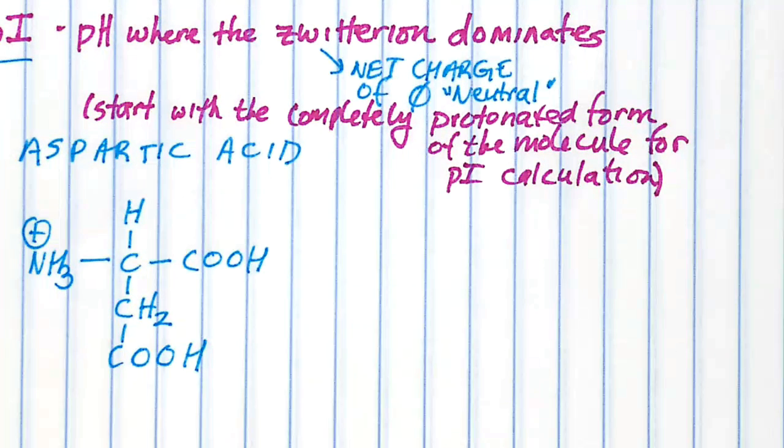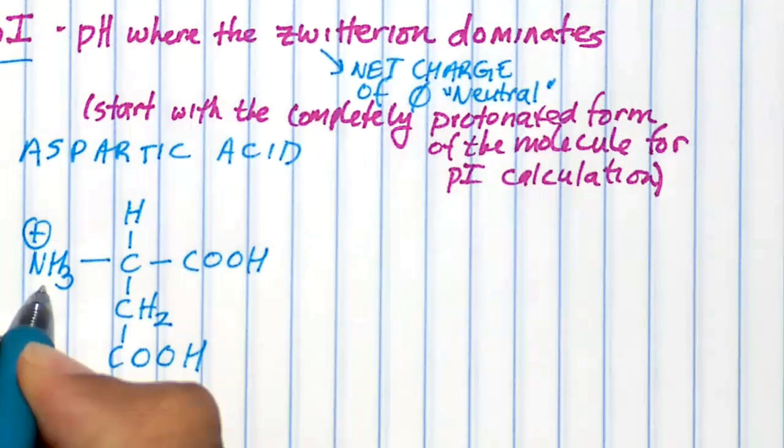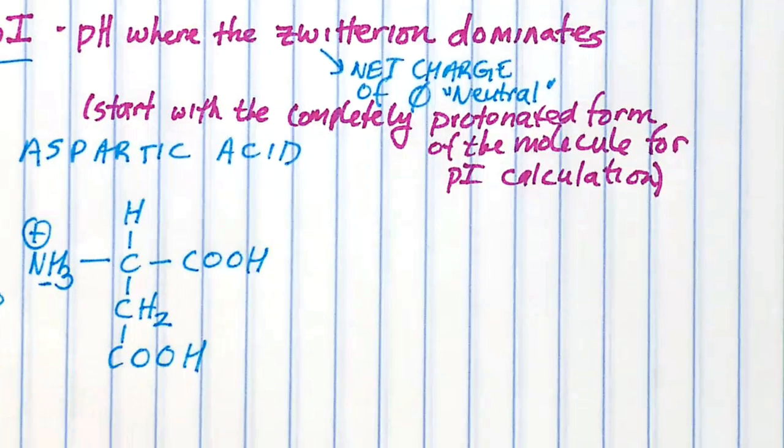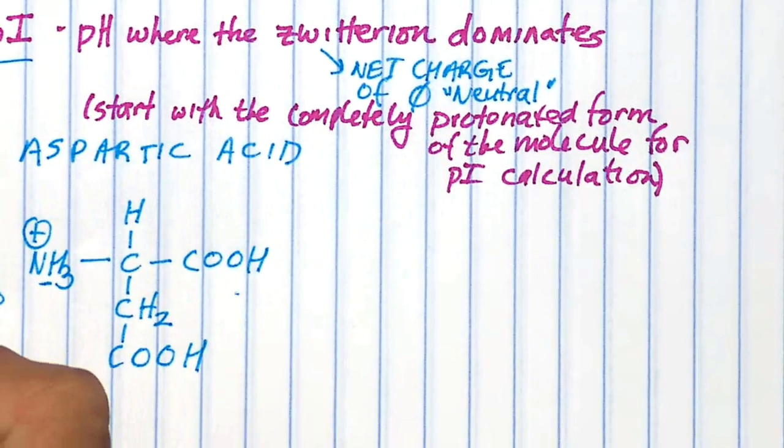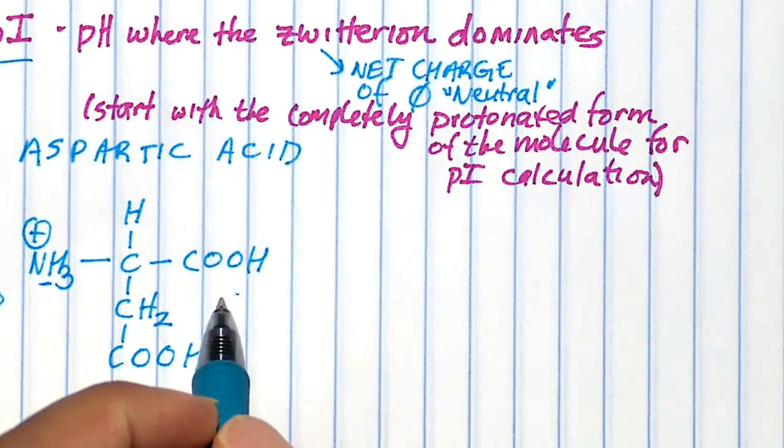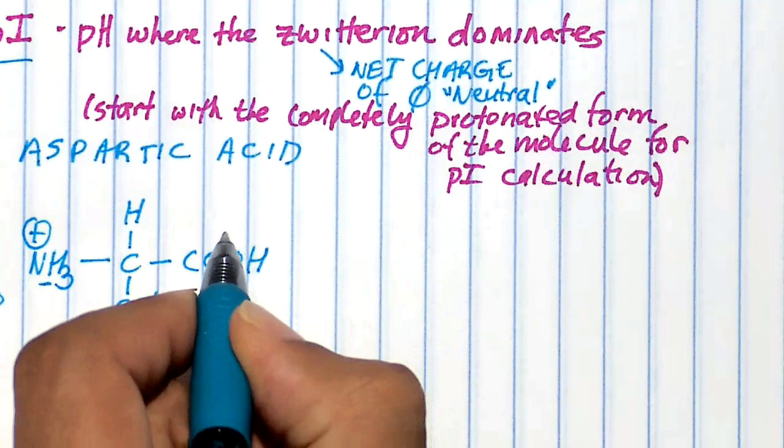And this is where you're going to want to use your flashcards and the pKa values that you know. So what are the pKa values for aspartic acid? The pKa value for the alpha amino group of aspartic acid, looking at my notes, I have at around 9.90. For the alpha carboxylic acid, that has a pKa of roughly 1.99.